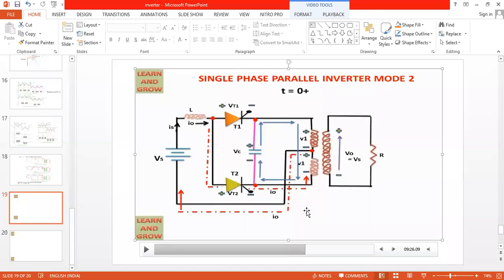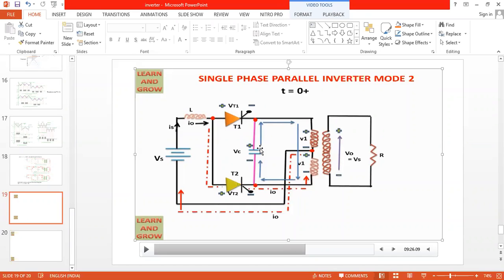Now, in mode 2, what is actually happening? In mode 2, the capacitor starts to discharge. The capacitor, which is initially charged to the complete voltage 2 Vs, starts to discharge from its positive terminal. From Vc plus to the upper winding, you can write UW or U1, upper winding to the lower winding, L1 or LW, from the lower winding to C minus. Even this particular point we have to write separately.